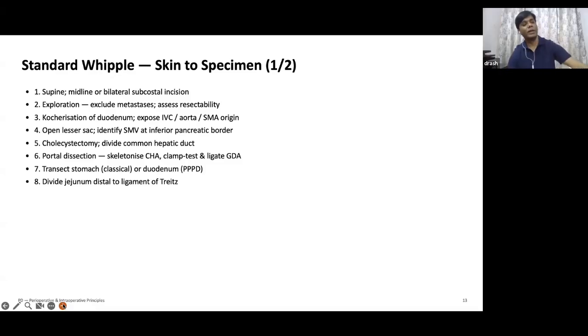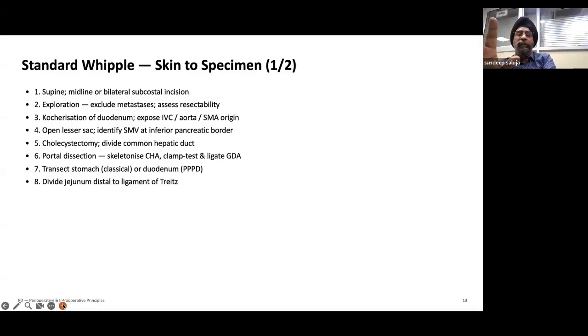Will you create the tunnel? The tunnel would be coming later, because that will require more dissection. These are the posterior things, the first two, three steps. Here, since we are discussing important points for students, whether the patient is resectable or not, this always comes up, whether you have an intact tunnel or not.